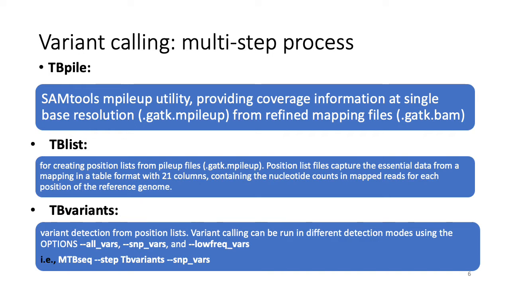For example, you can run this command: MTBseq --step TBvariants --snp_vars. It means that you command MTBseq to detect only the SNPs and not the insertions and deletions.